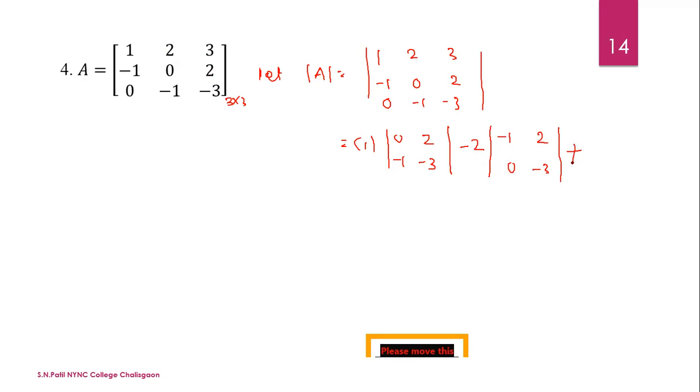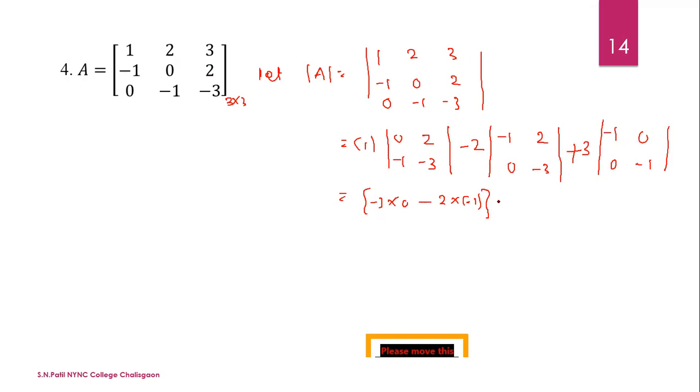Now the next sign is plus, and take this element 3. Now its minor, deleting row and column, the remaining determinant is minus 1, 0, 0, minus 1. Now 1 into this determinant, that is 0 into minus 3 minus 2 into minus 1.